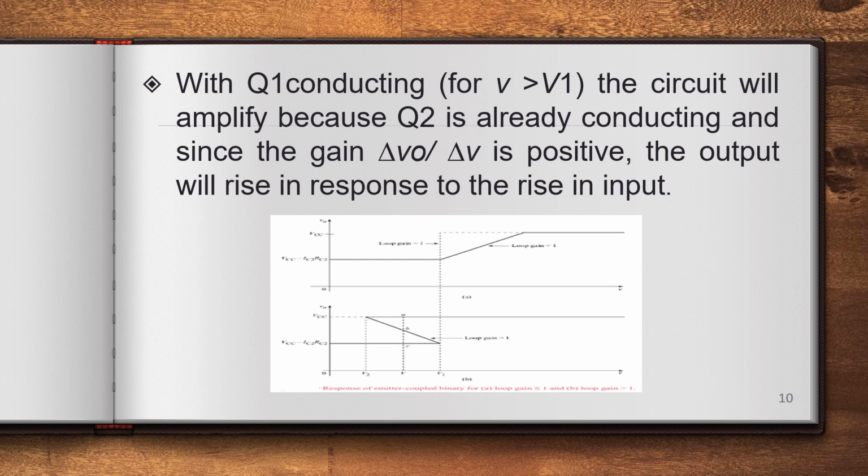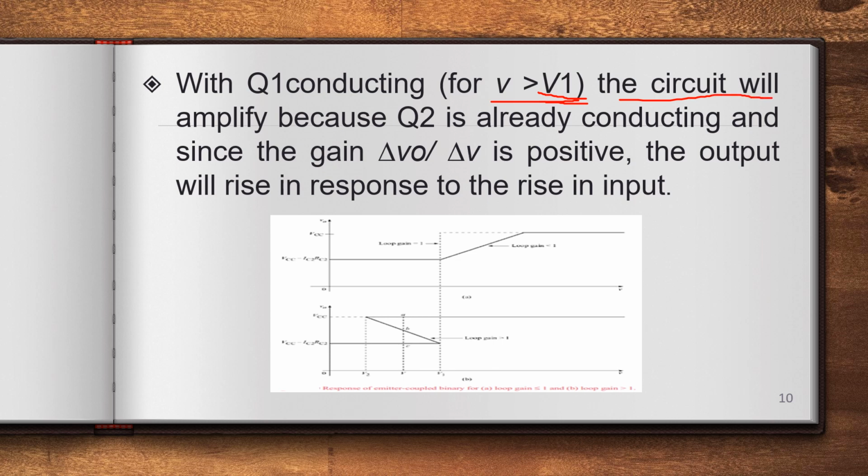When Q1 starts conducting, the applied voltage is greater than V1, where V1 is equivalent to the cut-in voltage of transistor Q1 plus the drop across RE. The amount of input voltage which brings transistor Q1 into conducting state is called capital V1.